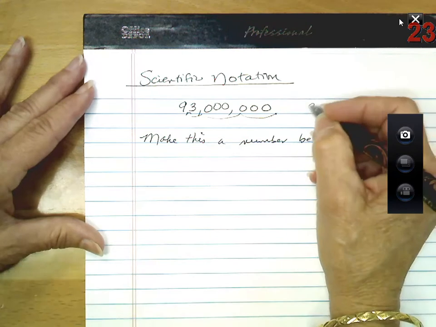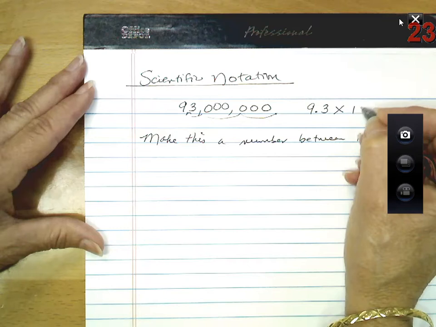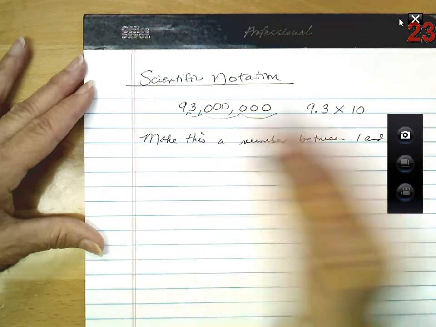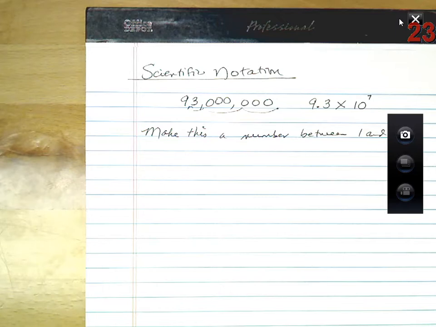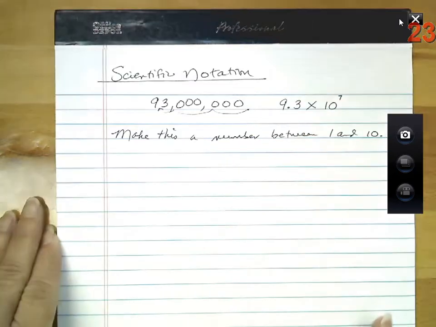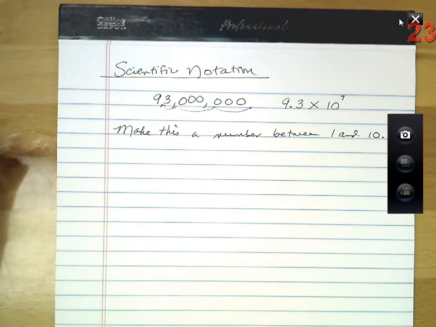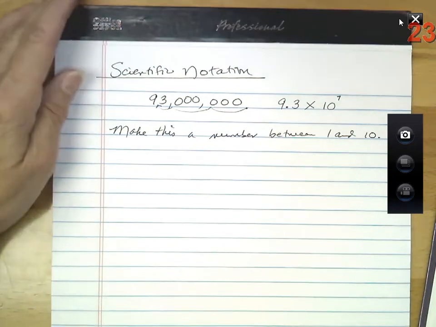So that's 9.3 times 10 to the 7th power. Okay. 9.3 times 10 to the 7th power. Okay, so we're taking a large number and making it into a smaller number.